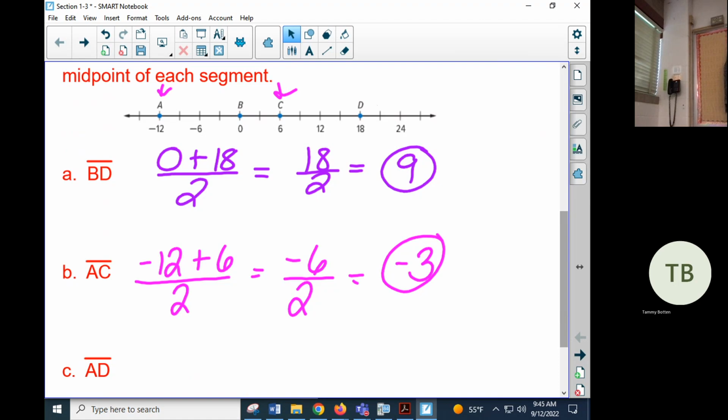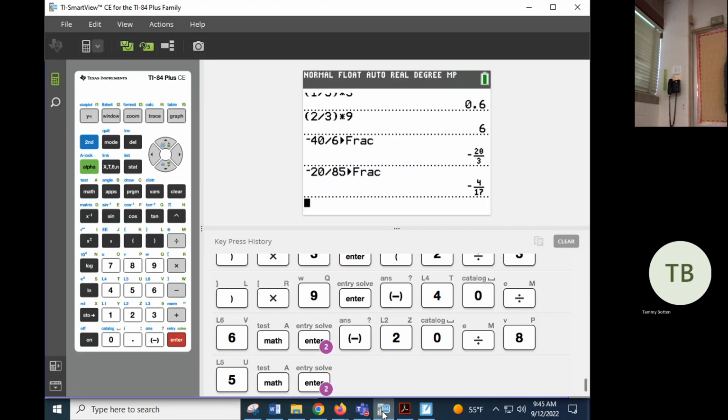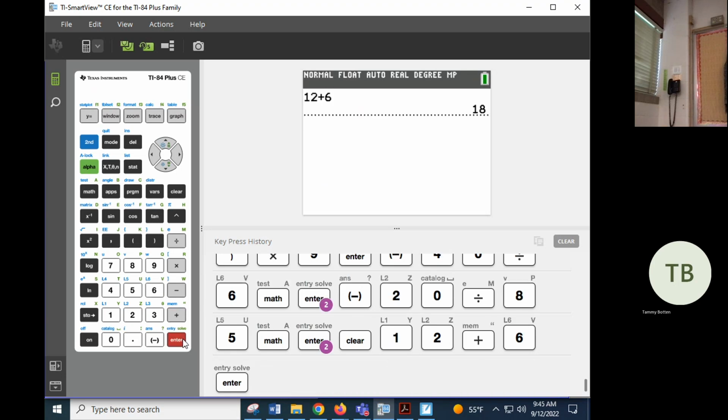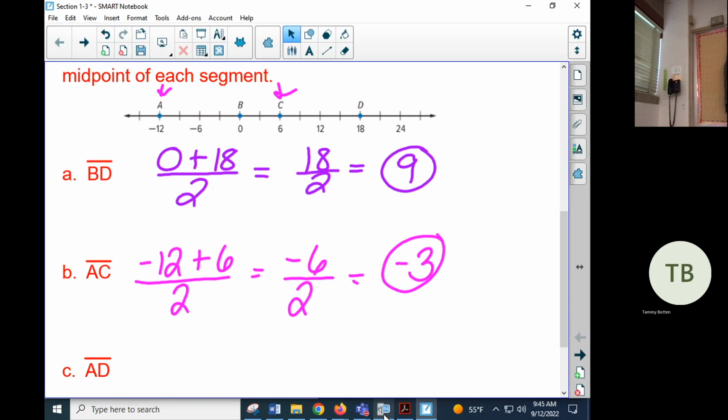It would not add these and then divide by 2. So if I was doing that, I would go -12 plus 6, enter, and then divide by 2. Whichever calculator I'm doing it on, wouldn't matter. Okay, so make sure you hit enter after that.